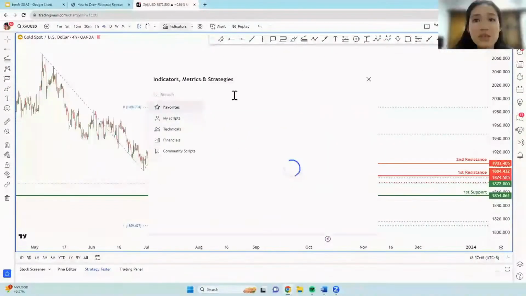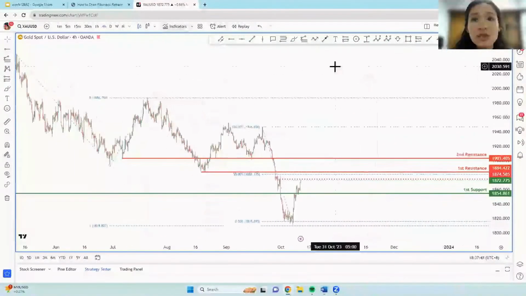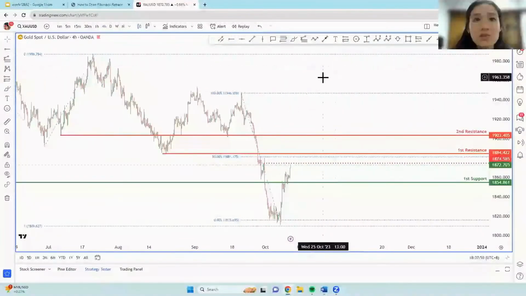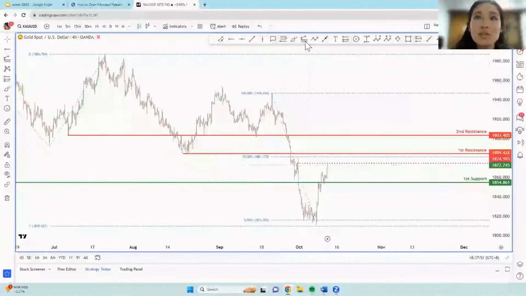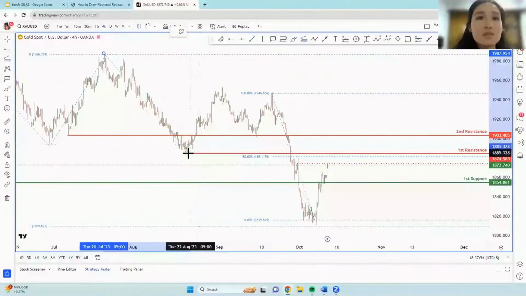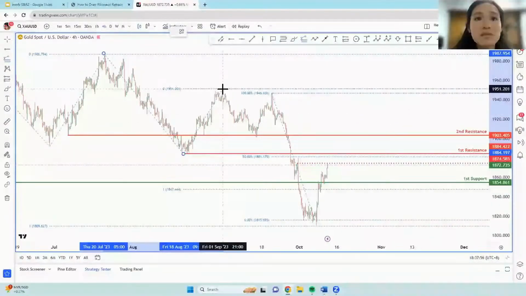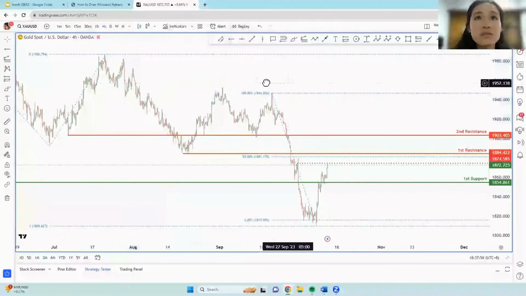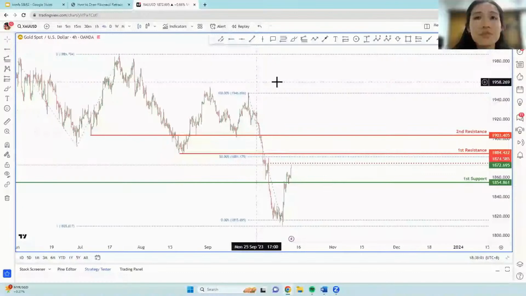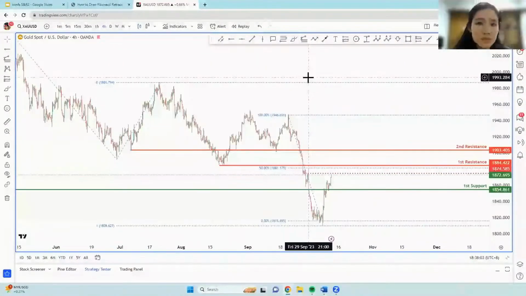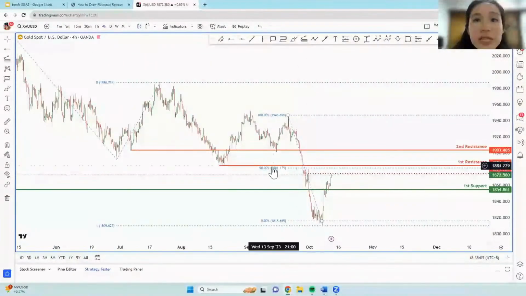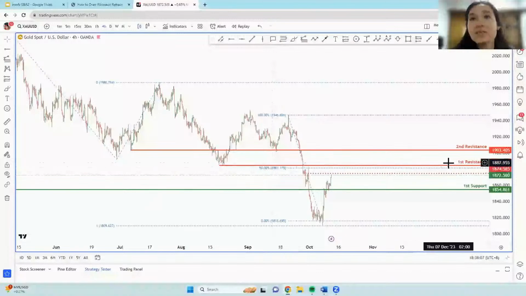Now let's go in with some indicators. So over here, we can see that this 50% lines up nicely with my first resistance here.